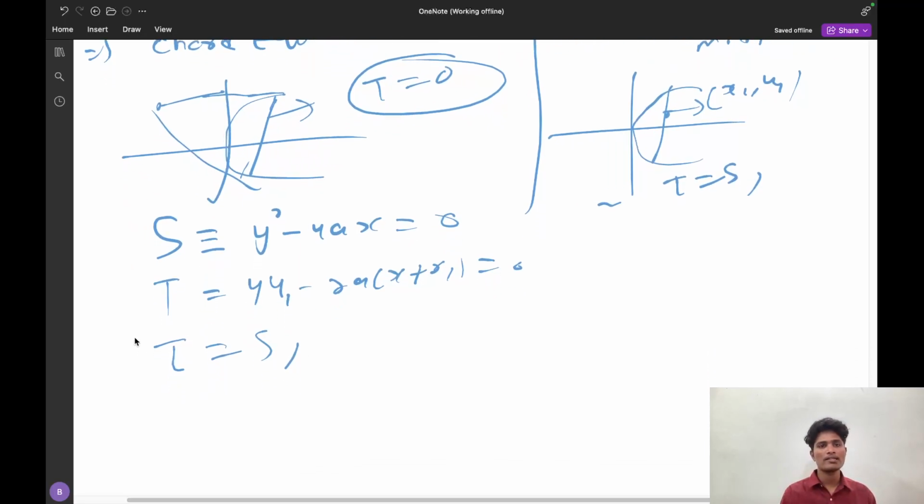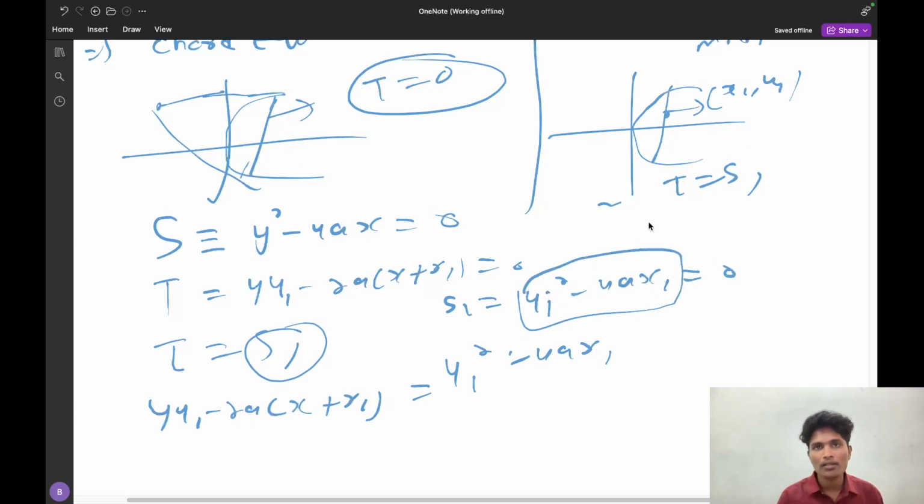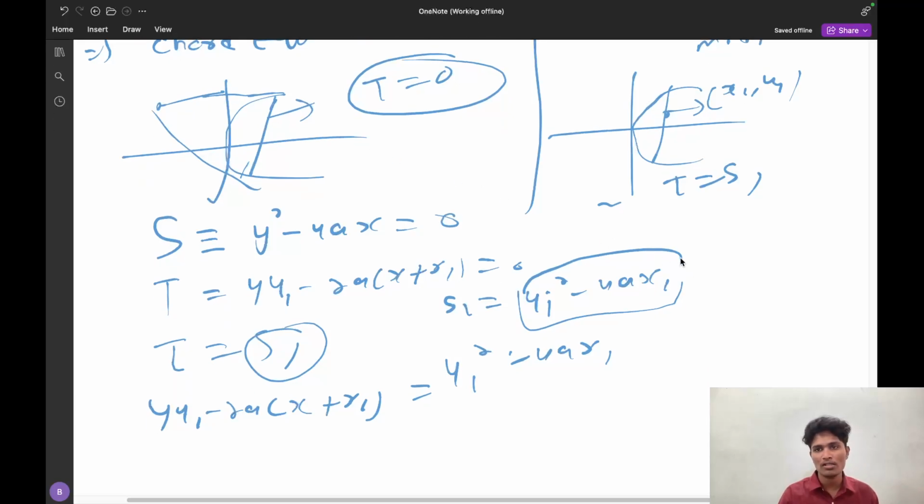T is equal to S1 is nothing but this one, that is y y1 minus 2a into x plus x1 equal to S1. What is S1? The substituted point, that is y1 square minus 4a x1. We cannot write S1 equal to 0, because it cannot be 0; it has some value. So this is T equal to S1.